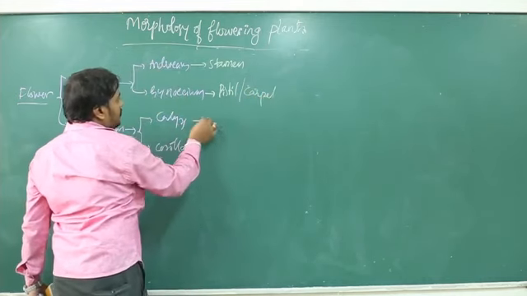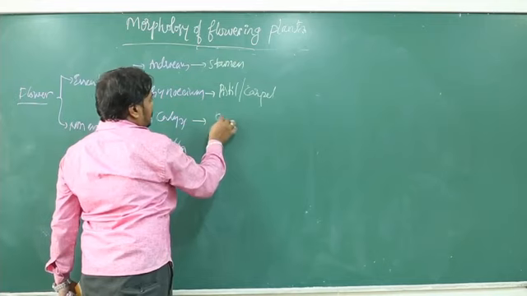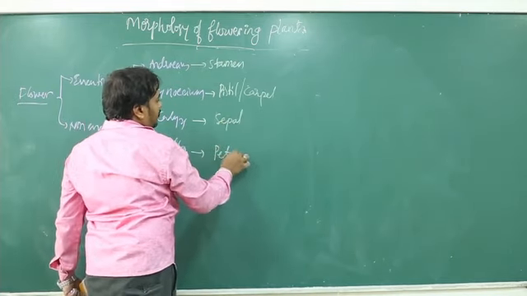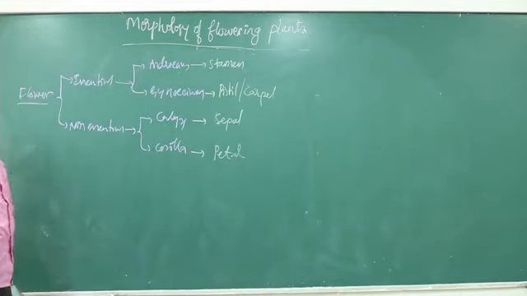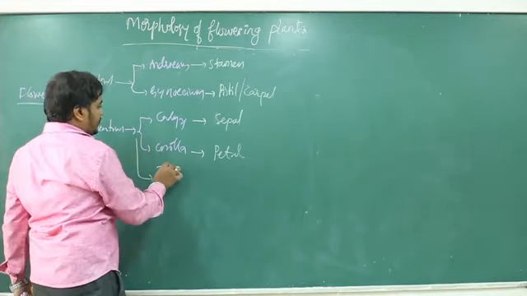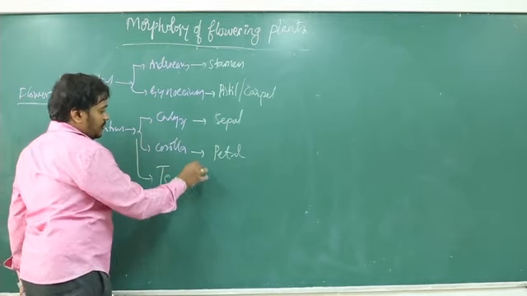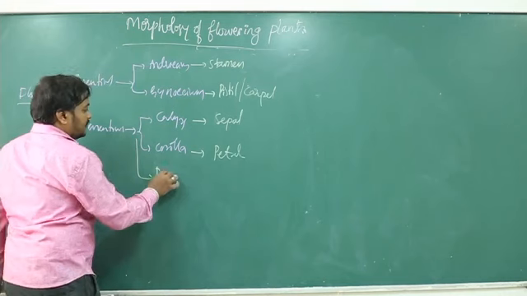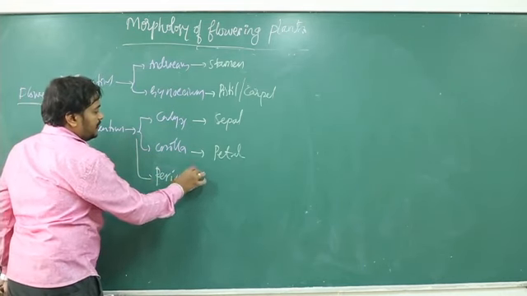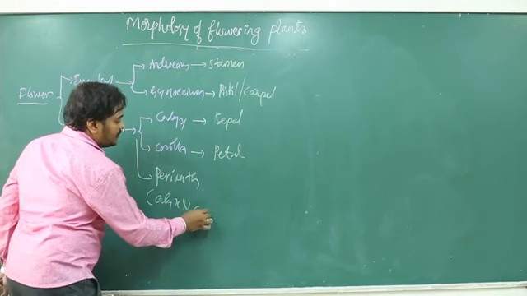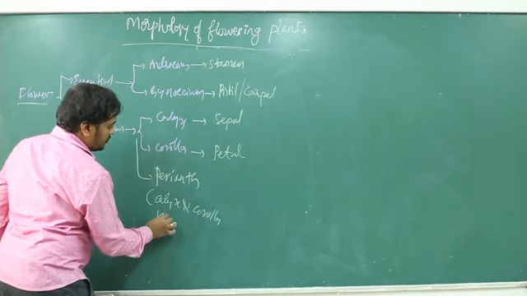Similarly, for calyx the individual structure is the sepal, and for corolla the individual structure is the petal. If you cannot differentiate a sepal and a petal, one more condition is there called a tepal. In perianth, calyx and corolla are not distinguished.